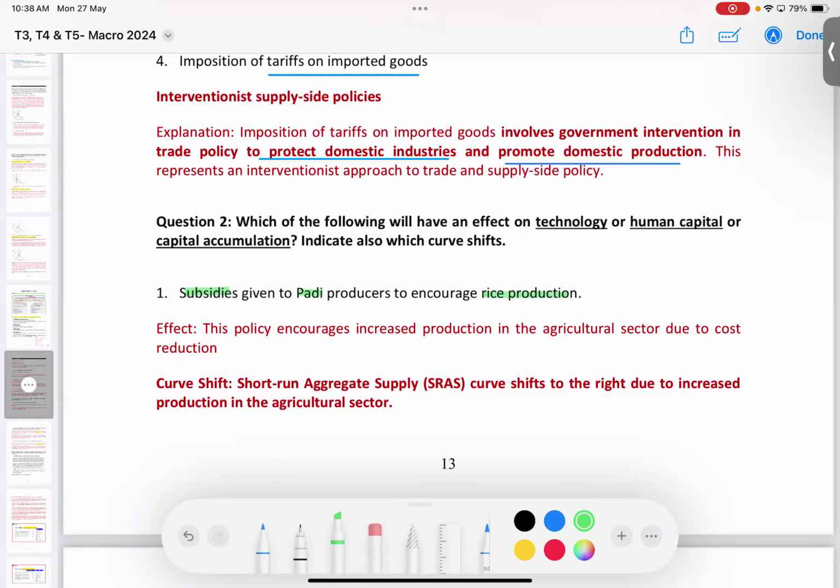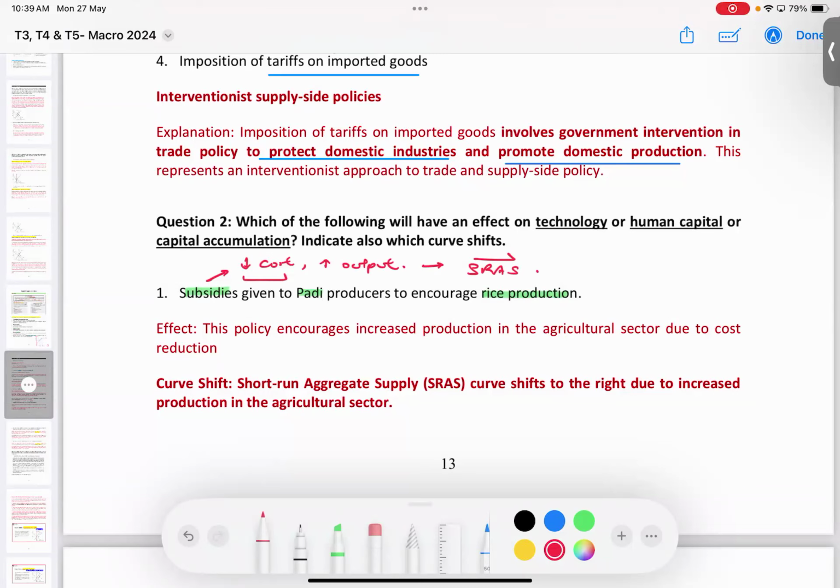For subsidies, the intention is to reduce costs and to increase the output. So when we talk about subsidy, it is to reduce the price of the inputs itself. So for this one, it only shifts the SRAS curve rightwards, not LRAS.